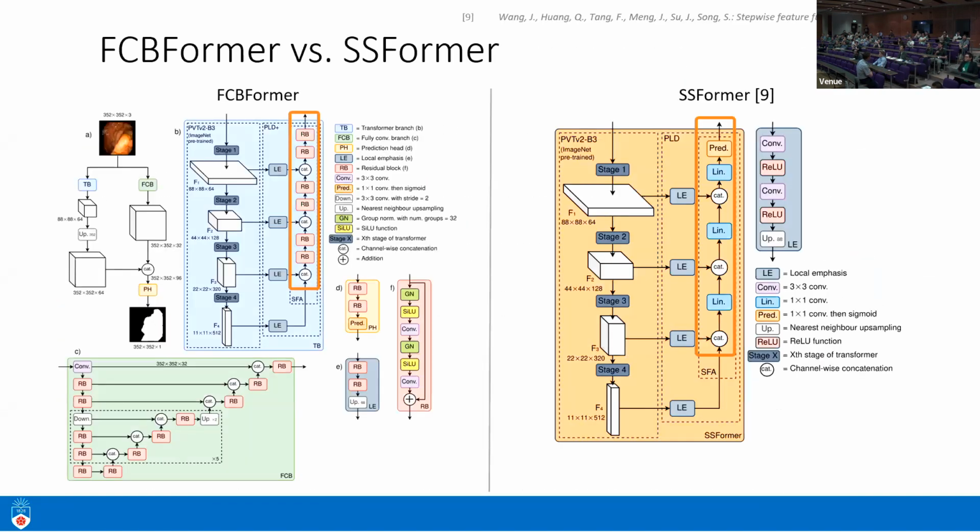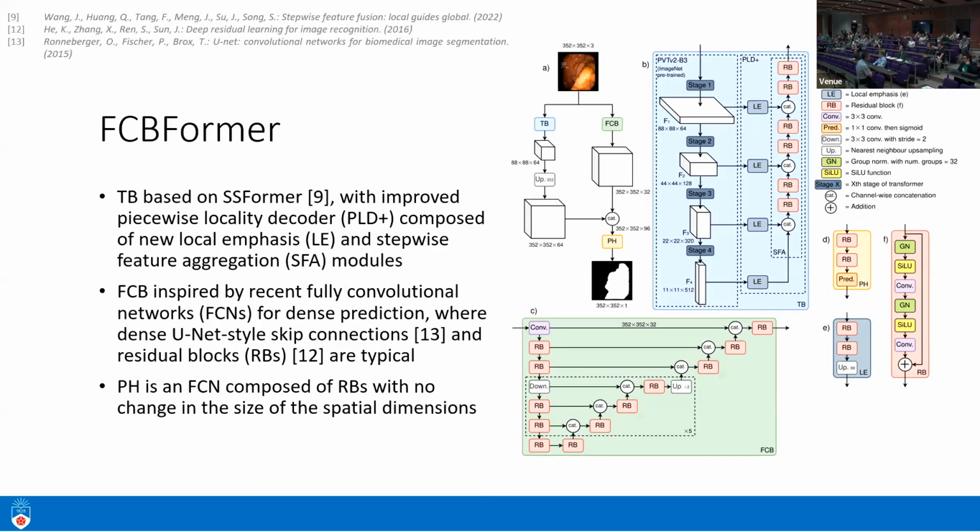So the pyramid vision transformer V1 does have a position encoding. The pyramid vision transformer V2, which we are using here, uses an overlapping convolution to implicitly represent the position. Okay, so the convolution makes sure that the transformer learns to adhere to the structure.